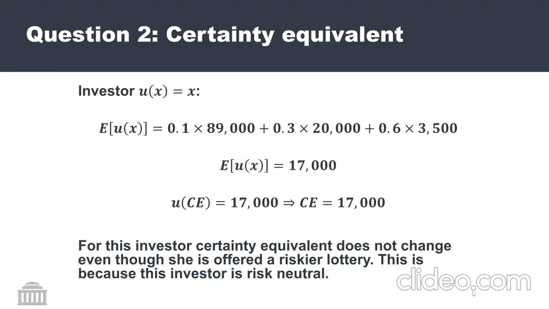And therefore, this investor has exactly the same certainty equivalent as with the previous lottery, although this lottery is riskier. This happens because this investor is risk neutral. She doesn't care for the fact that this lottery is riskier. And this is illustrated by the fact that the certainty equivalent for this investor is the same.